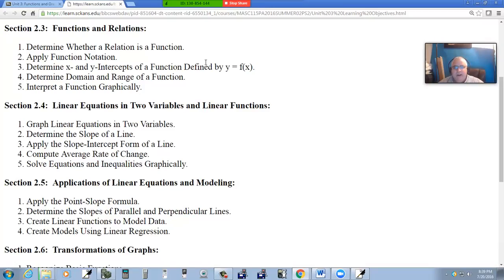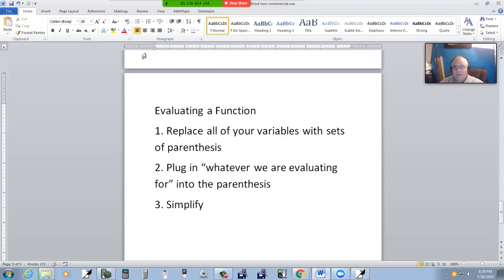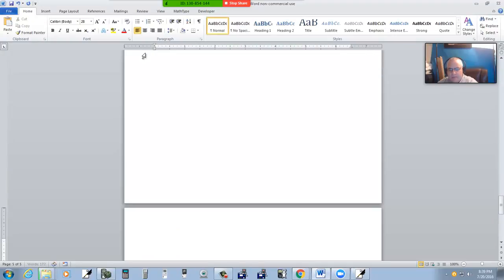Determine the domain and range of a function. So domain of a function. This by default is all real numbers.